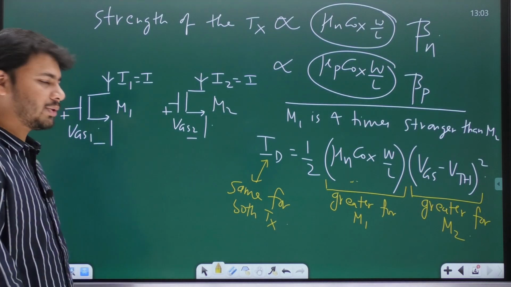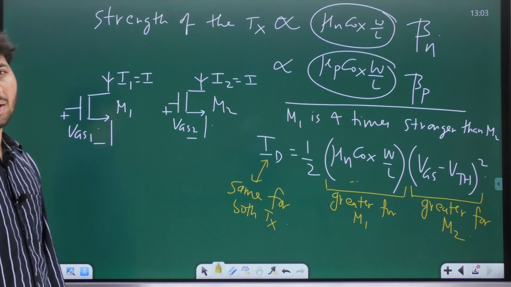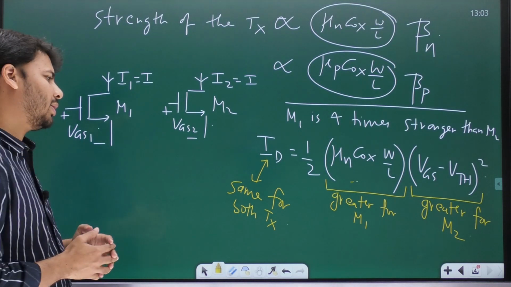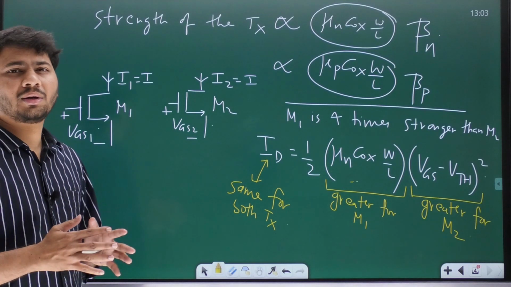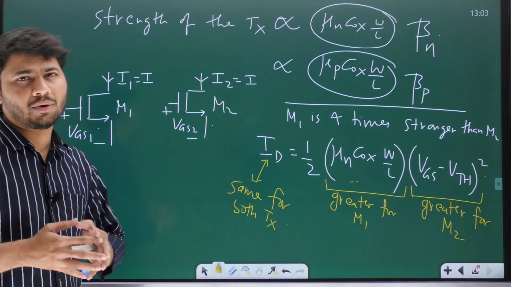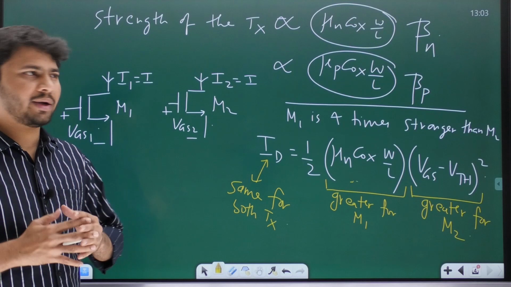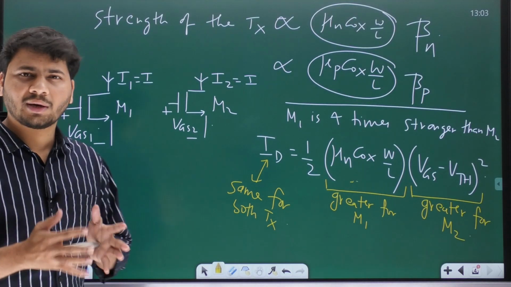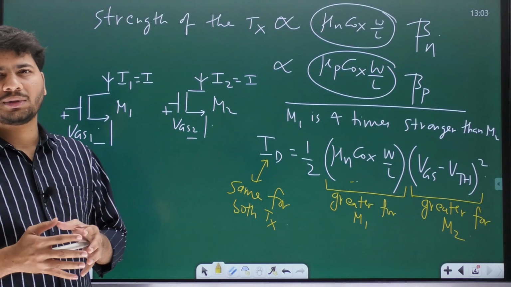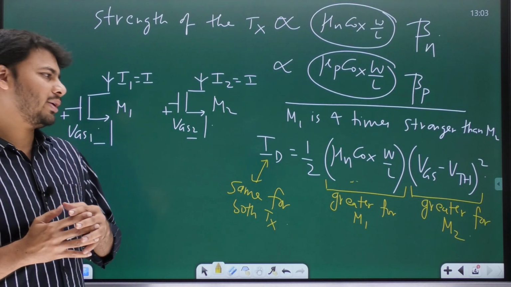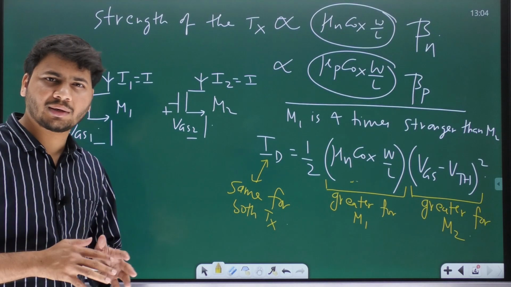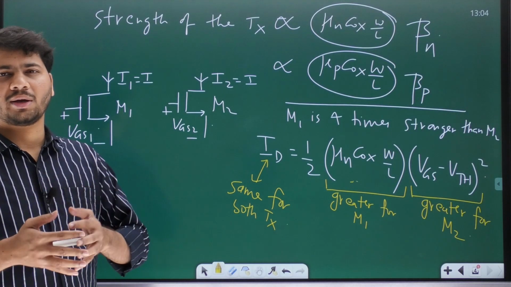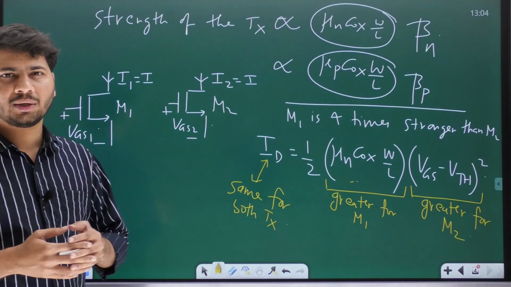So again the conclusion is: for the same drain current in saturation, the weaker transistor requires a greater overdrive voltage. I'll say it again. For the same drain current in saturation, the weaker transistor requires a greater overdrive voltage, or you can also say the stronger transistor requires a smaller gate to source voltage or gate overdrive voltage for the same drain current.